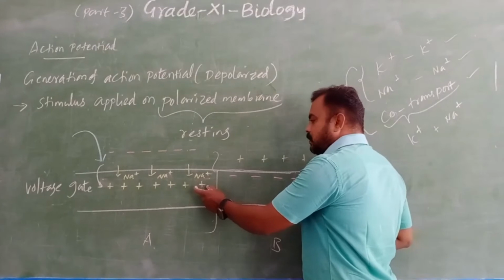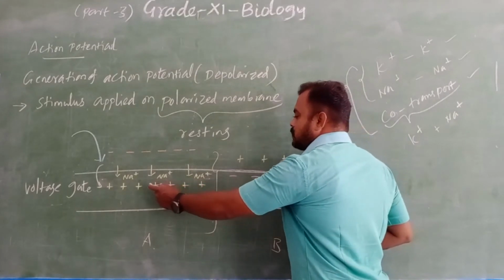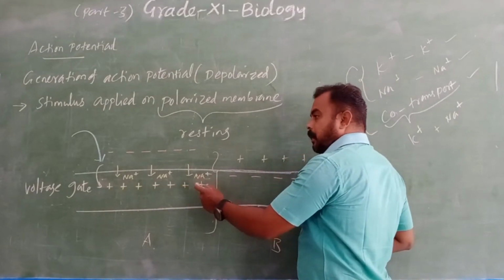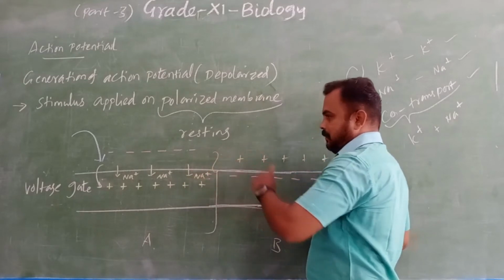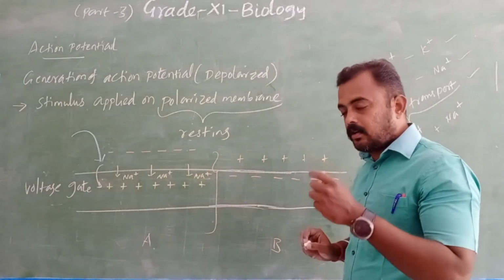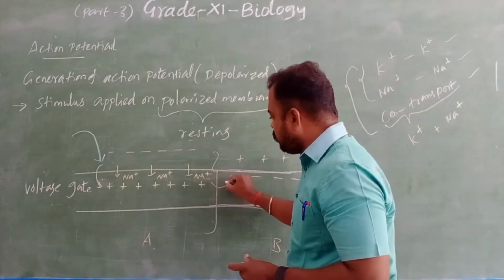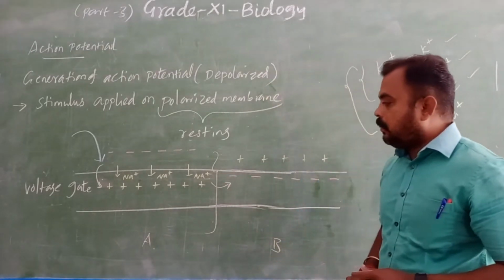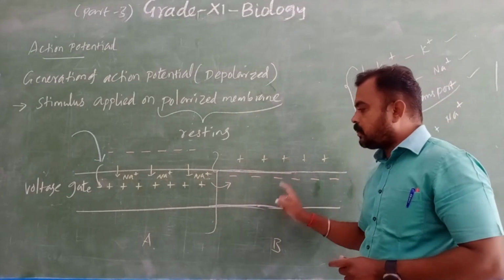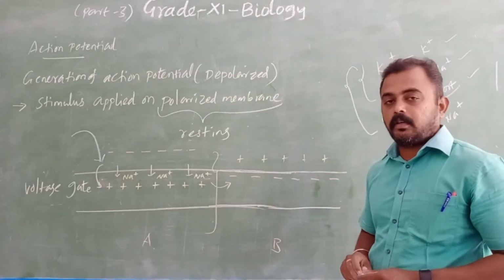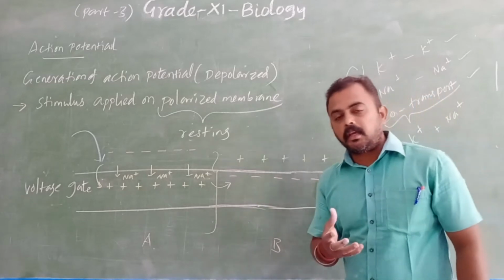So in this region the concentration of positively charged ions is high. So the concentration gradient will be double. So it wants to move from region A to region B. Okay, do you understand what I am saying?